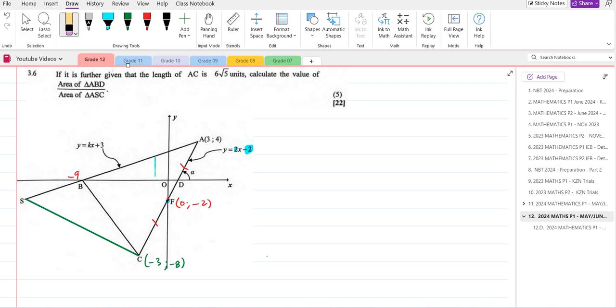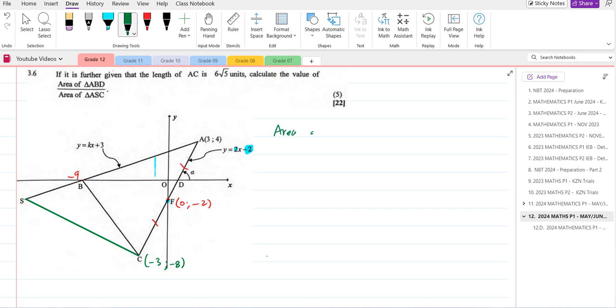Okay, what can we do? Can we do a common height, half base times height? Area of this small triangle here, that's easy. What's the area of triangle ABD?